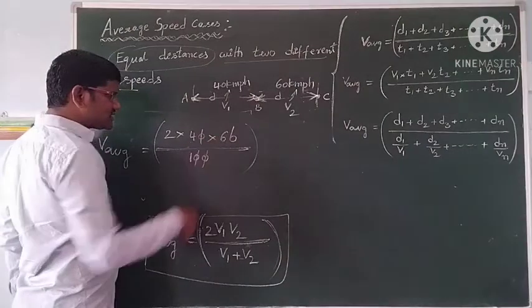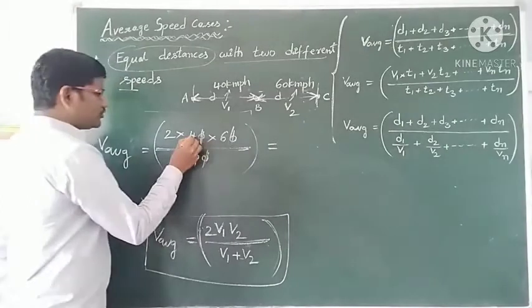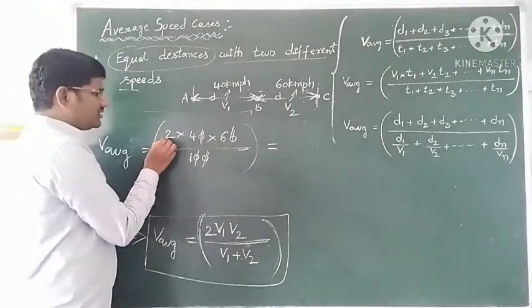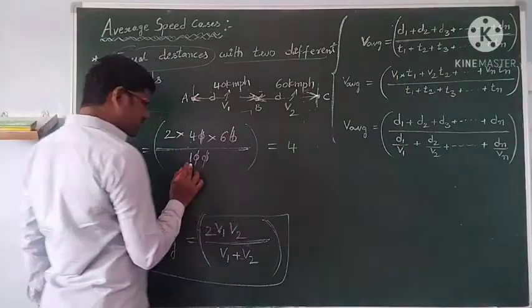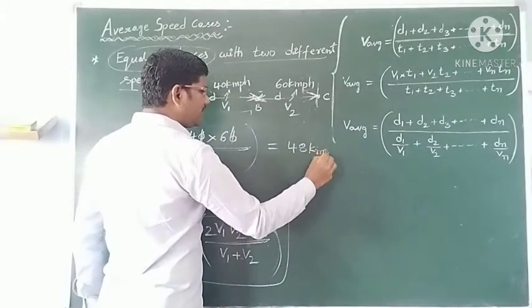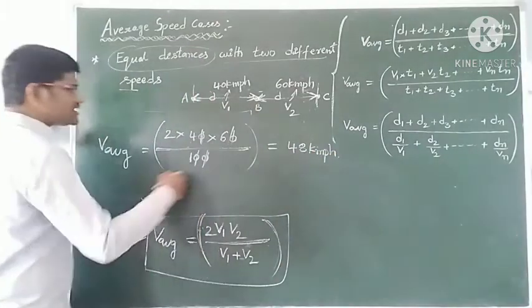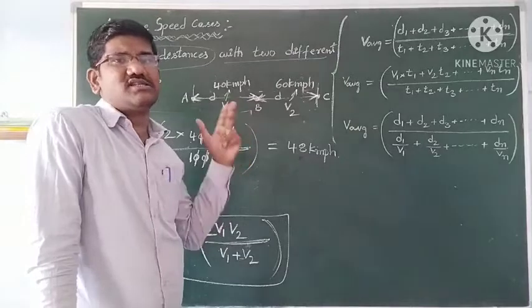Zeros get cancelled, 2 zeros here and 2 zeros here. 2 4s are 8, 8 into 6 is 48. The denominator 1 we need not write. So 48 km/h. The average speed will become 48 km/h if equal distances are covered.